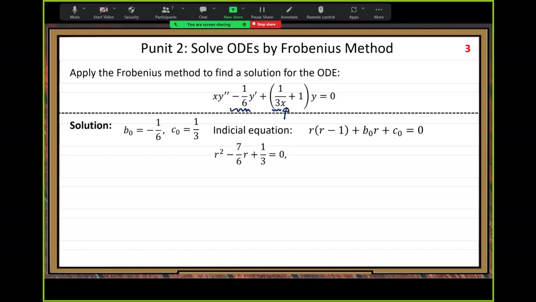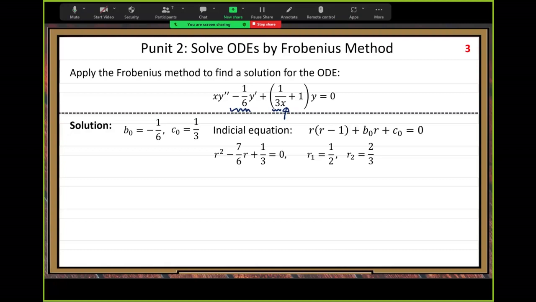After we plug it in, we need to find the two real roots. I try to give you good ones. Here you can see the two solutions, r1 = 1/2 and r2 = 2/3.